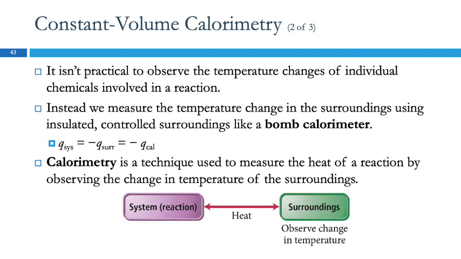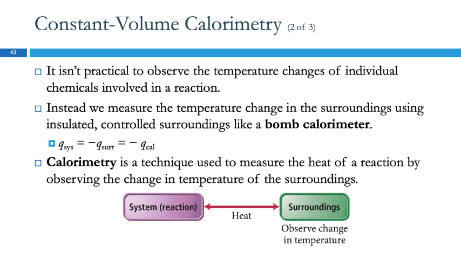It isn't practical to measure the temperatures of the individual reactants and products. I would go so far as to say it's not really even possible. So instead what we do is we measure the temperature of the surroundings, and so we can then calculate how much energy was given off by the chemical reaction, because we see the change in temperature of the surroundings.